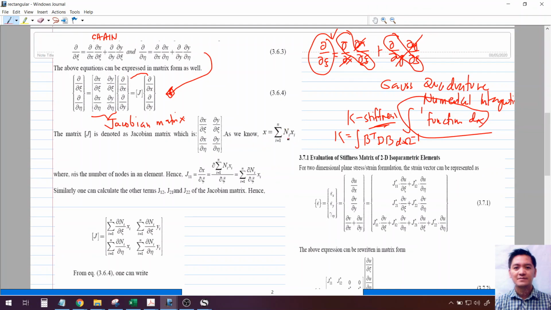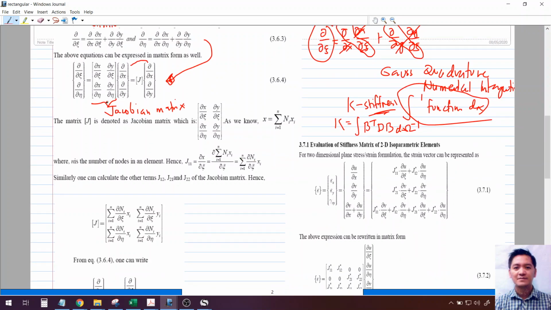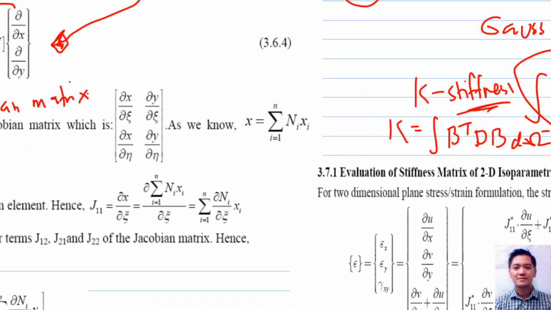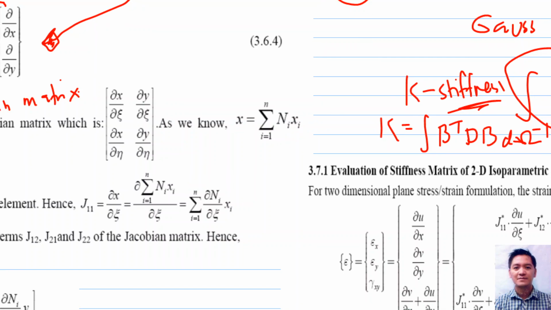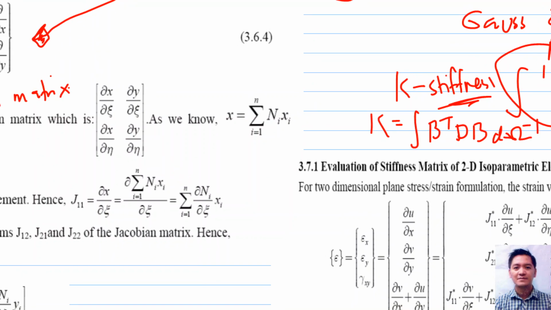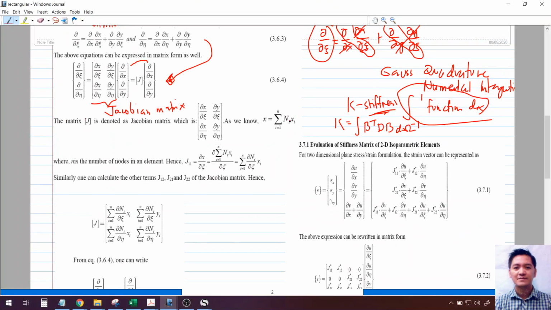So x equals summation of nixi. Okay. So what is dx/dc? Since we know here that x is summation of n matrix or shape function xi, therefore, since kinukuha natin yung partial derivatives ng x with respect to c, so ipa-partial derivatives mo din yung right side equation na ito, no?